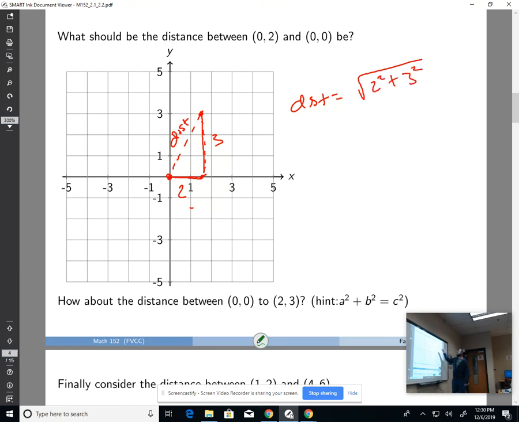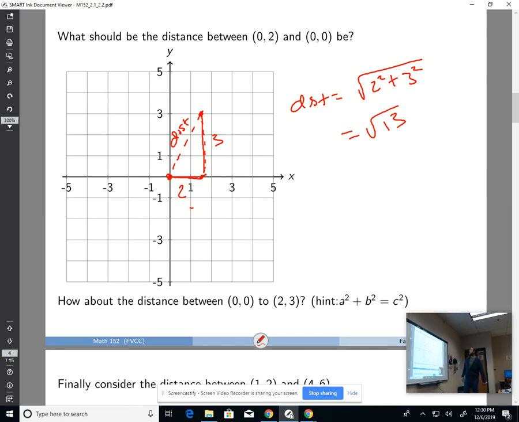Notice I don't put a negative sign in front of the square root, even though normally when we take the square root we take plus or minus, because we know the distance has to be positive by definition. This is the square root of 13, an irrational number. That's the best way to write it, since any calculator doesn't exactly know what it is.